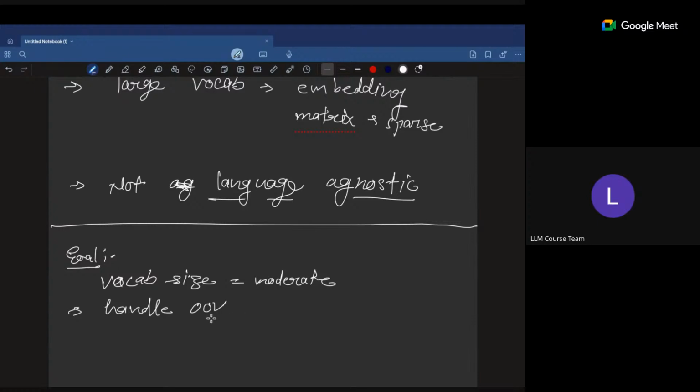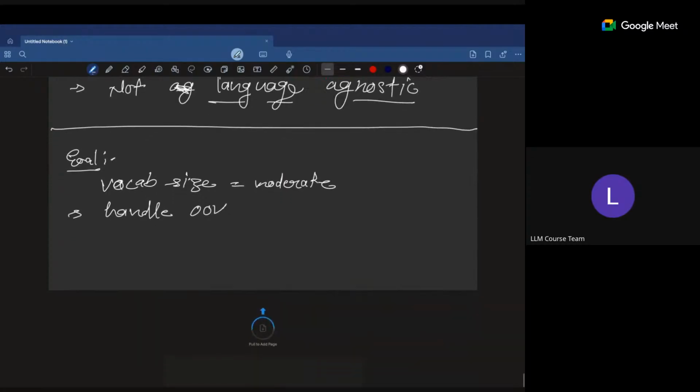We want an algorithm where misspelled words or rare words are handled by the tokenization. It's not that rare words are ignored or misspelled words go into the out-of-vocabulary bucket. Such issues we don't want in the tokenizer algorithms.